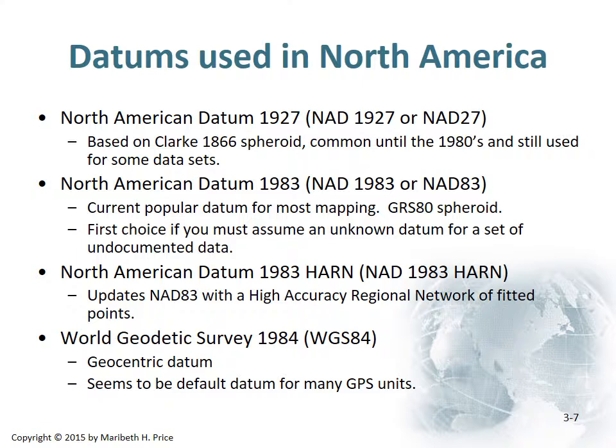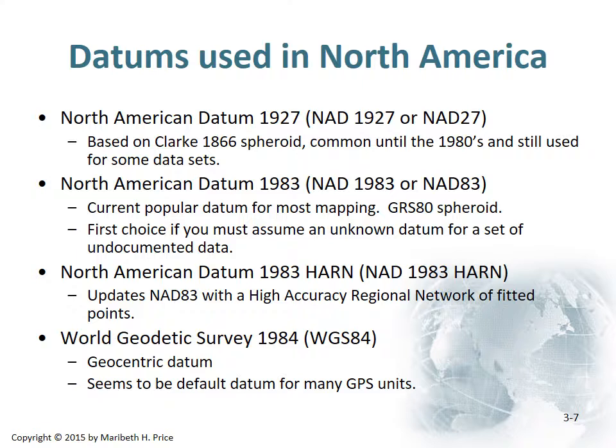It was commonly in use until the 1980s, and you still find it used on some data sets these days. So if you think about this one, 1866, that's before satellite technology existed. So what we're looking at is something that incorporates more manual surveying techniques on the Earth's surface being incorporated into that mathematical model of the datum.